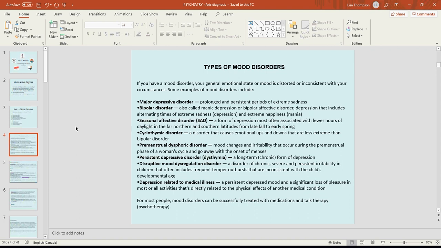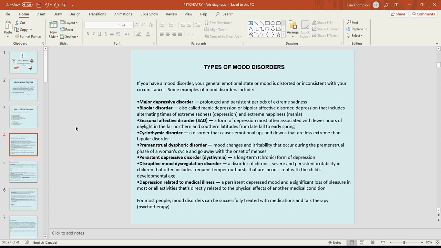And there's persistent depressive disorder, which is dysthymia, a long-term chronic form of depression. And then there's disruptive mood dysregulation disorder. That's a disorder of chronic, severe, and persistent irritability in children that often includes frequent temper outbursts that are inconsistent with the child's developmental age.